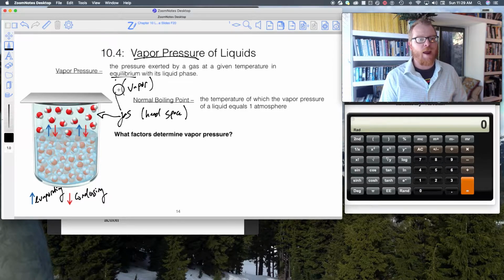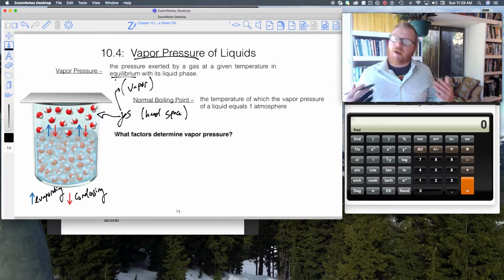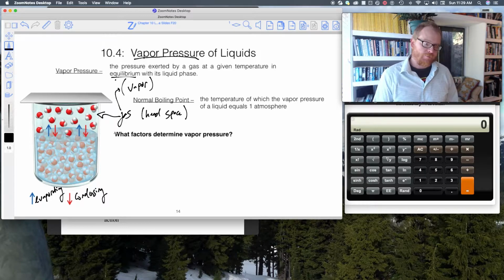Really, it's vapor, which is a gas that has come from a liquid. All right? And that vapor has pressure. There are gases in there, colliding with the walls of the container. And so the force that is exerted by that gas is the vapor pressure. Okay.